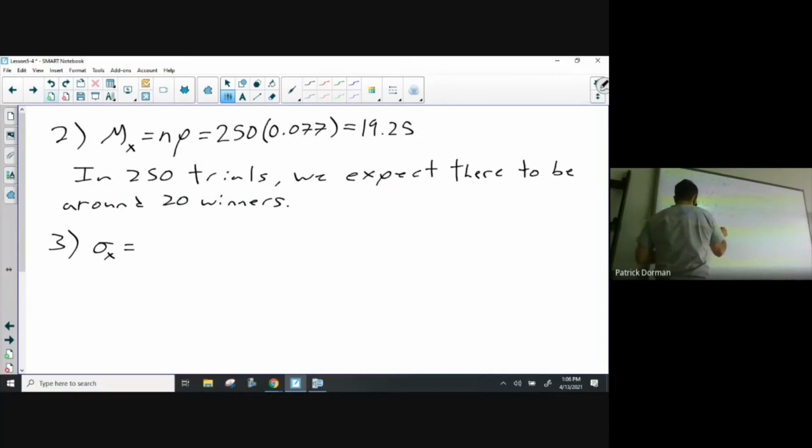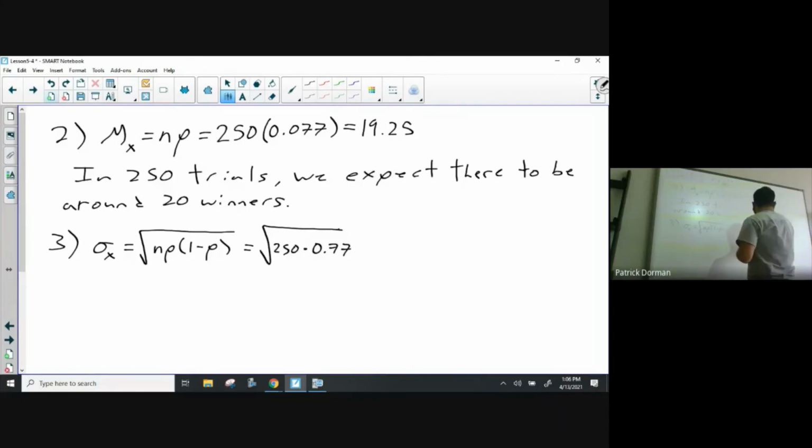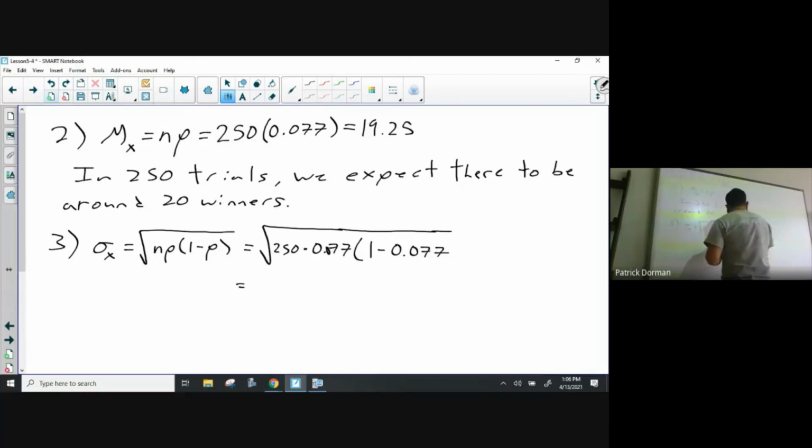Sigma sub x is equal to the square root of n times p times 1 minus p, which is the square root of 250 times 0.077 times 1 minus 0.077. Right, that's 19.25 times 0.923.